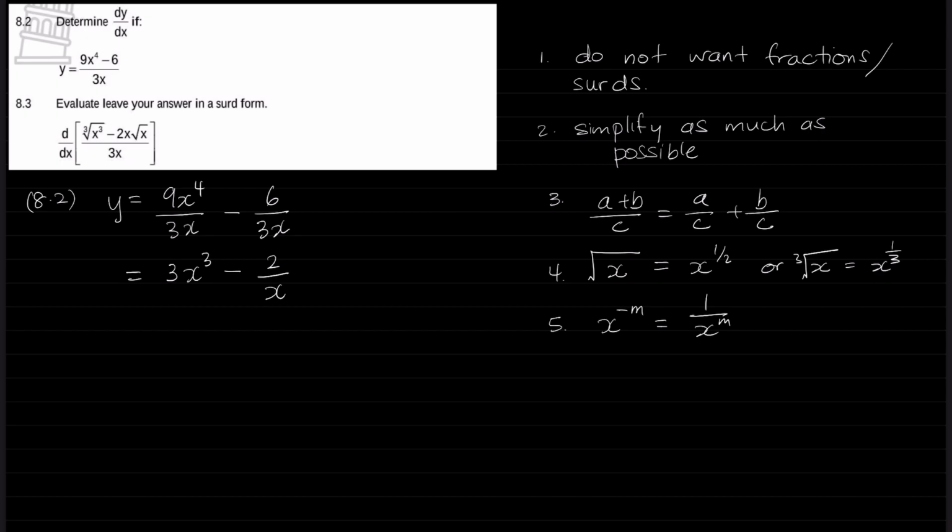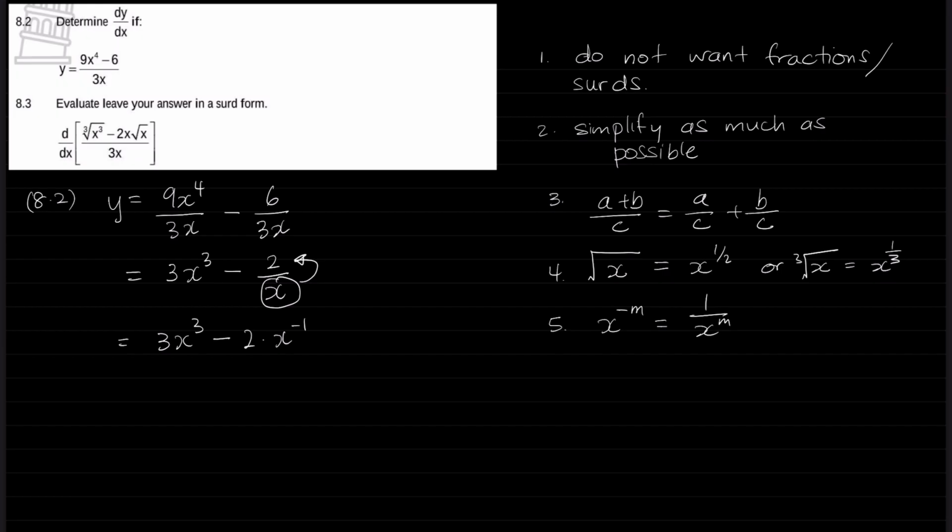Now we don't want fractions. So what we need to do is take this x over to the numerator. So we're going to have 3x to the power of 3 minus 2 times x to the power of negative 1. That's where these negative exponent laws are very useful. Now that we've gotten rid of the fractions, and there's no surds, we can take the derivative.